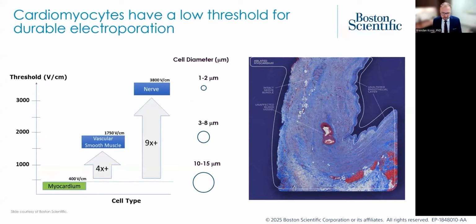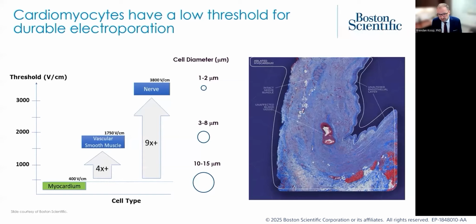It's the size of the cell, and the cardiomyocyte is the largest kid on the block, you might say. It's the largest cell size of the local tissue we're trying to treat. And that gives us an advantage in that the larger the cell, the larger the charge buildup we can create, and the larger the voltage we can get across that membrane. So it's really that simple in terms of the cell size.